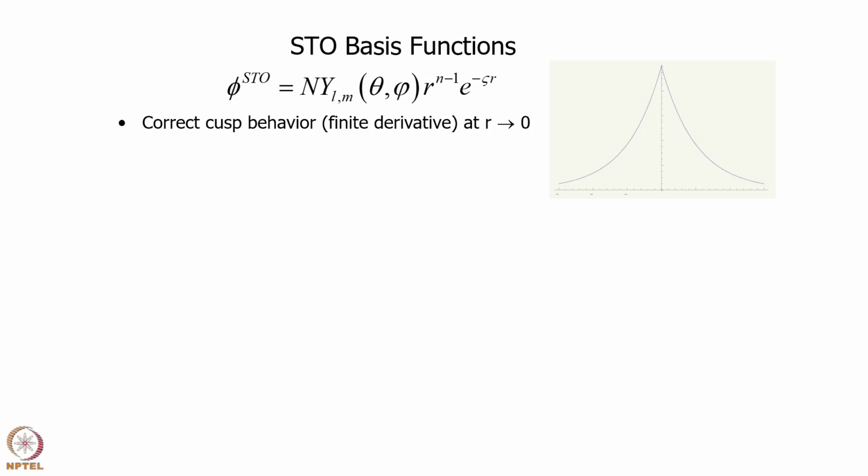At r equal to 0 it goes up because the nucleus is there, and at infinite distance it decays exponentially, so the wave function decays at infinite distance. So it follows the correct boundary condition.